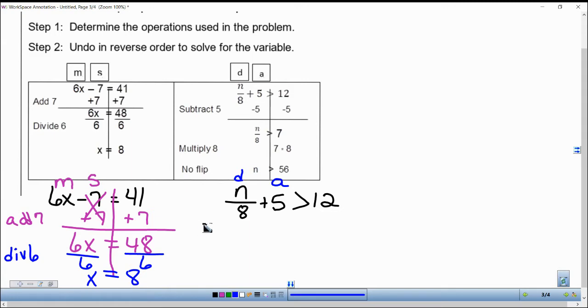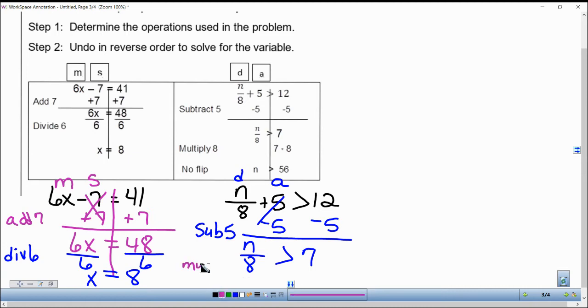So we have to subtract 5. So we end up with n divided by 8 is greater than 7. And then we have to multiply by 8. So then our final answer is n is greater than 56.